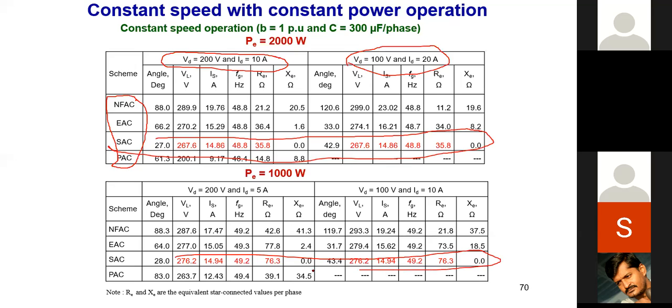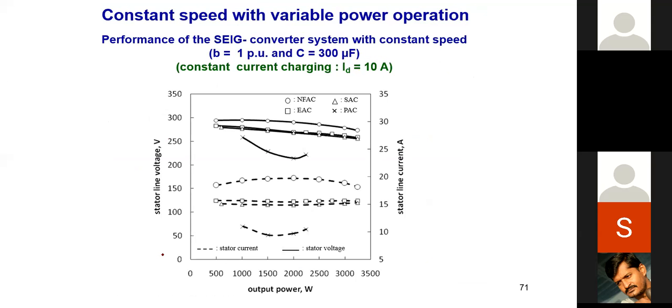This is the straight line voltage with respect to the various control angle schemes, like the negative firing angle control scheme, extension angle control, symmetrical angle control, and phase angle control schemes.